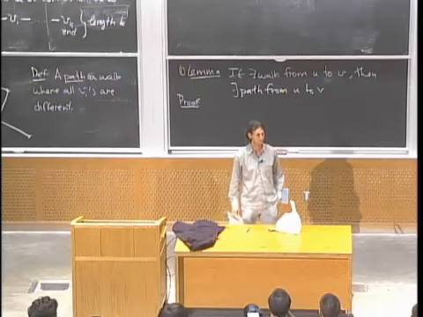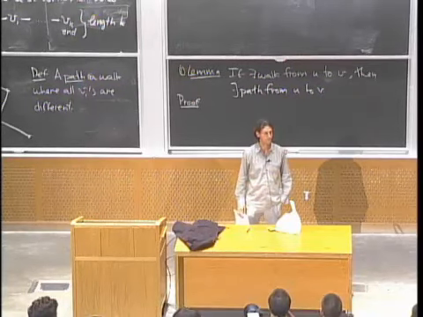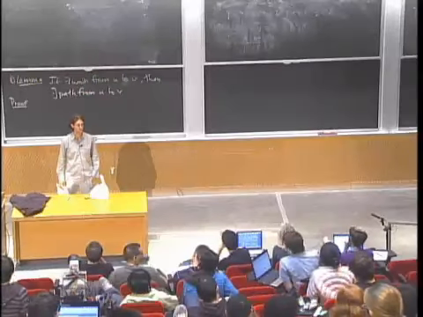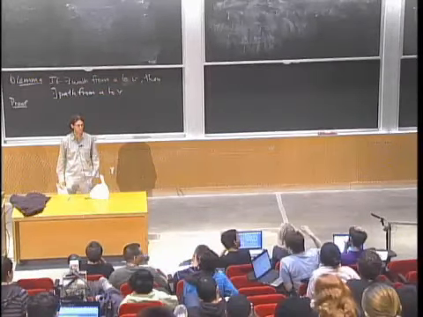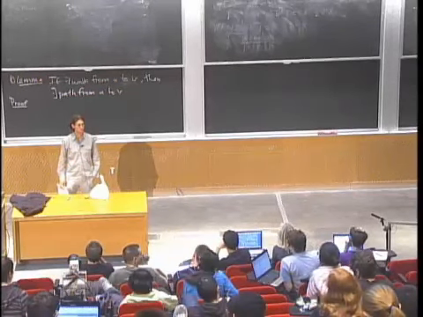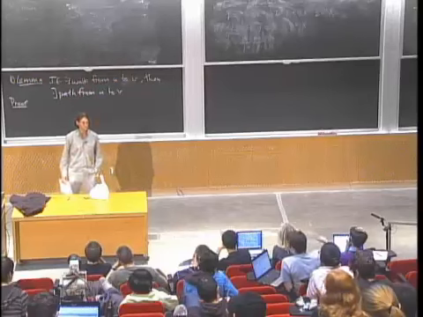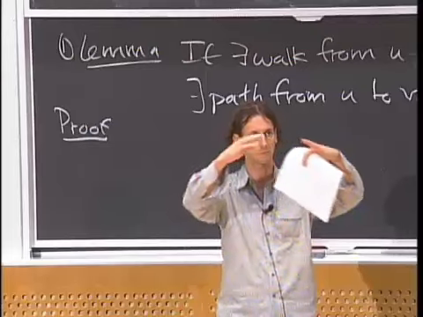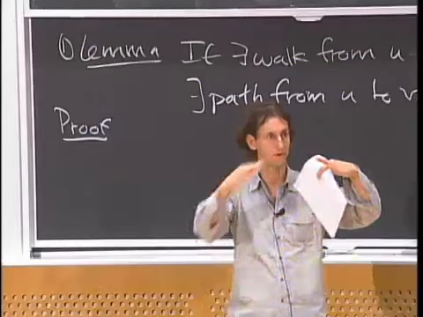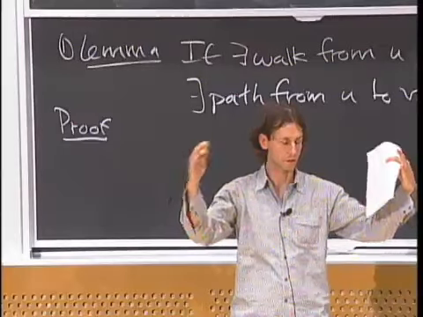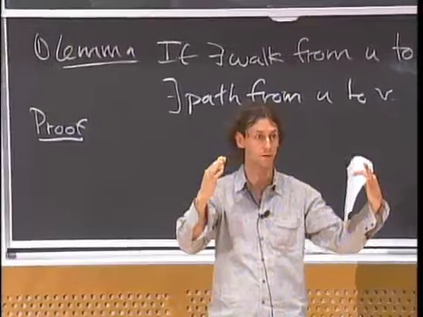It's basically if you visit one vertex twice, let's say you go 1, 2, 3, 4, 5, 3, 6. That is a walk from 1 to 6. Then you just take out the 4 and 5. So you just go 1, 2, 3, 6. So what did we do there? We essentially had a walk, and then we cut out a smaller part that recurs, and we have shortened the walk to a path.